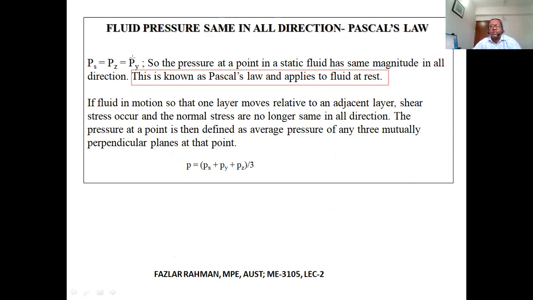Then you cannot use this equation. When a fluid is moving, it might have different pressure in all three axes, three directions. So in that case, your pressure will be the average of the three, Px plus Py plus Pz, divided by 3.